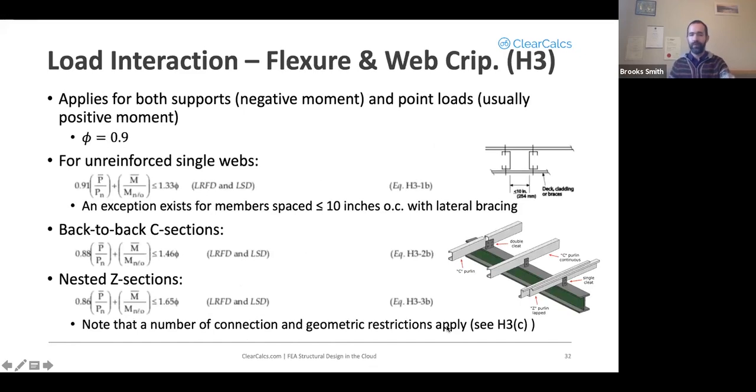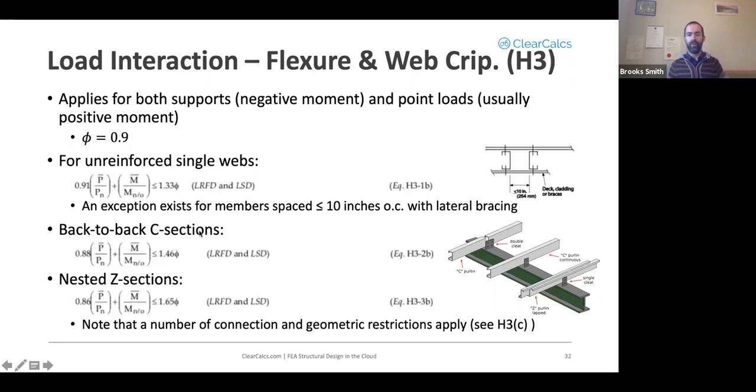Flexure and web crippling apply for both concentrated loads at supports and at point loads, so at negative moment or usually positive moment locations as well. There is a specific phi value for this interaction equation, and you do not consider the phi values for web crippling and flexure at all individually.